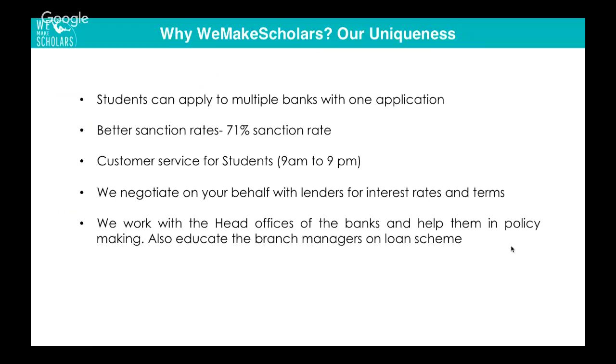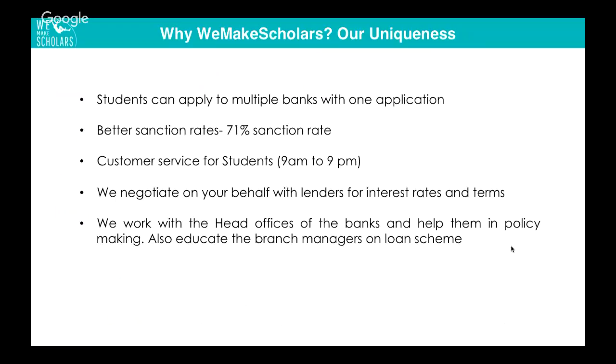In government banks, we are directly in touch with the head offices of the banks, and we help them in policy making. Usually, when any country has a specific requirement, let's say, my last session was on that, some universities in the US were asking for a solvency letter, but banks were not aware of it. So we proposed that to SBI, and SBI about 4 months ago released it, and now we are able to provide solvency letters to students for the US.